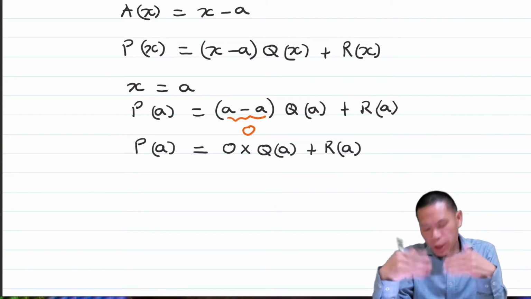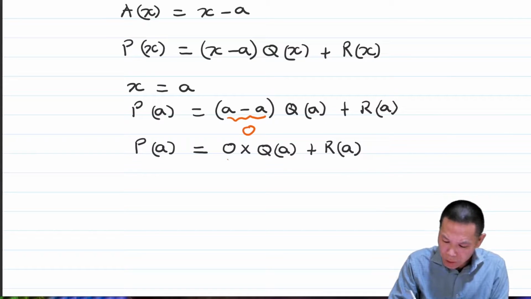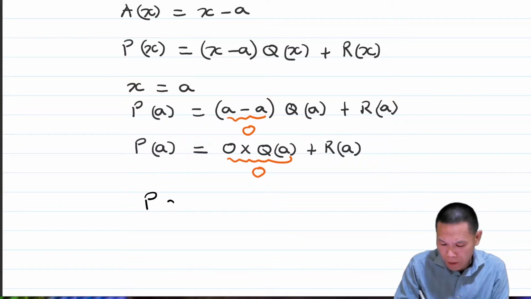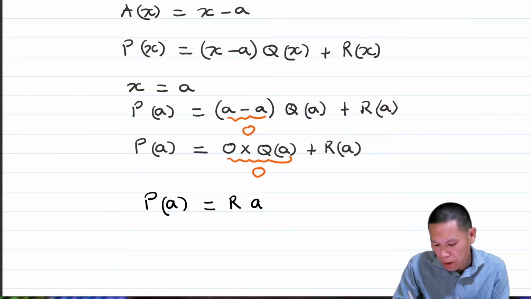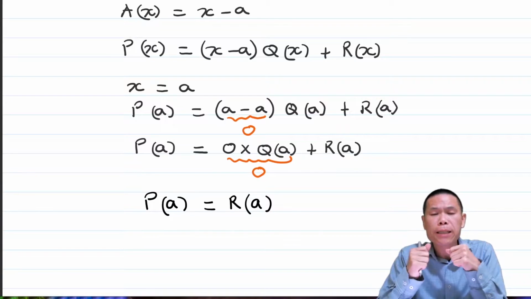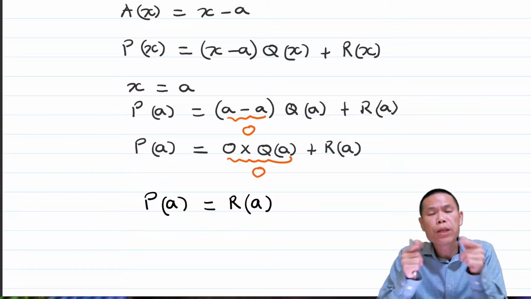But 0 times q of a is equal to 0. So therefore, p of a is equal to r of a. So if a polynomial is divided by x minus a, the remainder is equal to p of a.